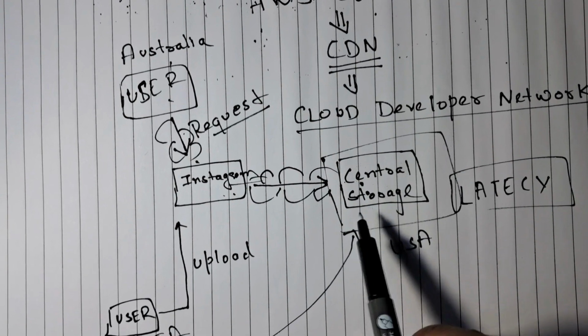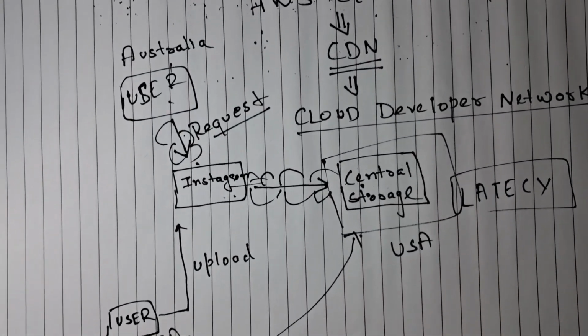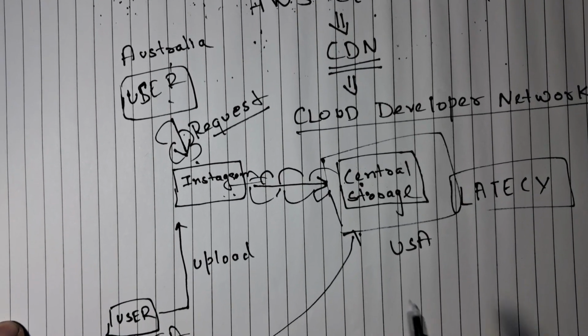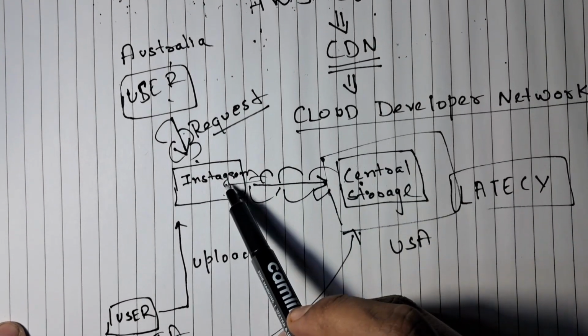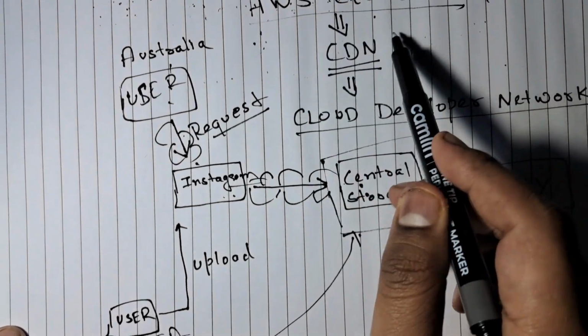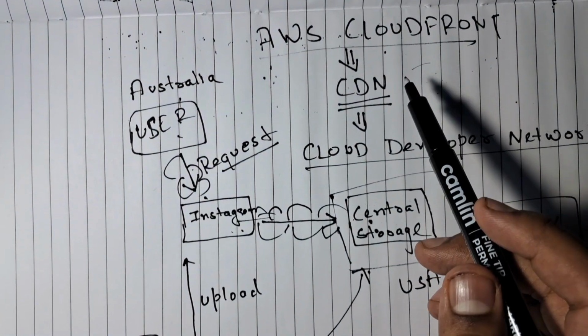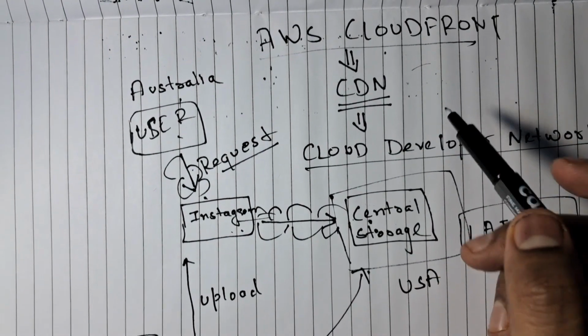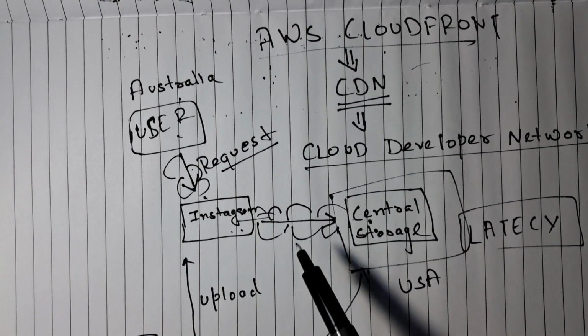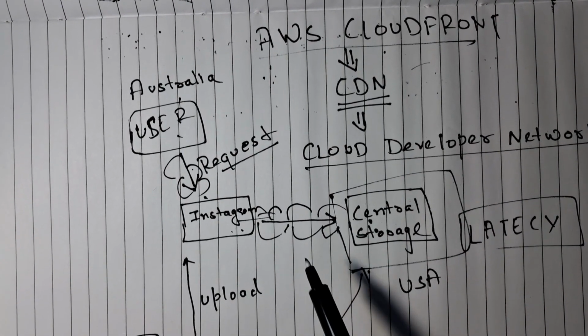So for managing this problem, Instagram must have taken the help of AWS CloudFront, which will help them in solving this issue by storing these photos in the edge location of their region.